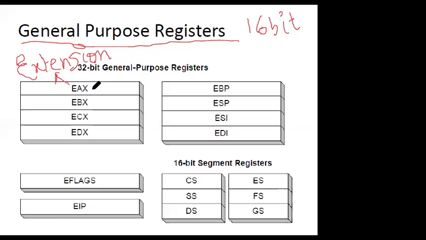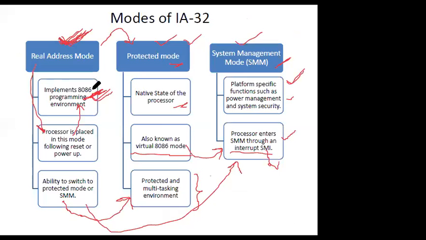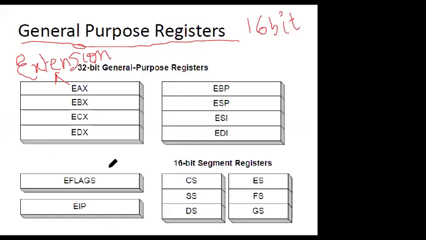Remember, when IA32 operates in real address mode, it is operating as an 8086 microprocessor. So when it is acting as an 8086 microprocessor, it need not use all of EAX, which is 32 bits.